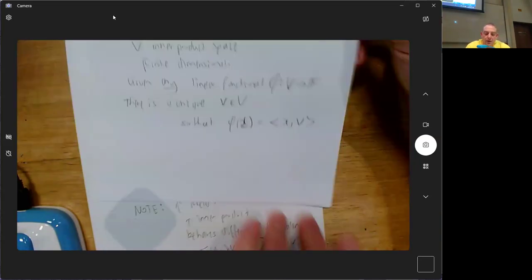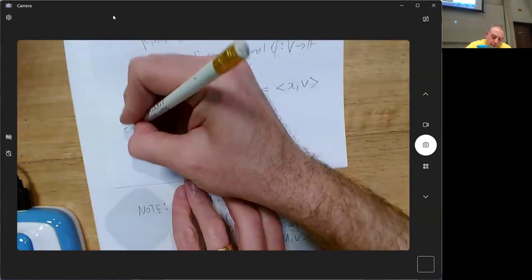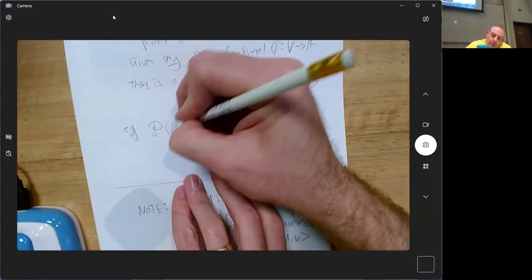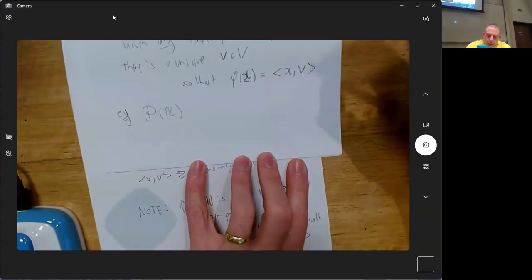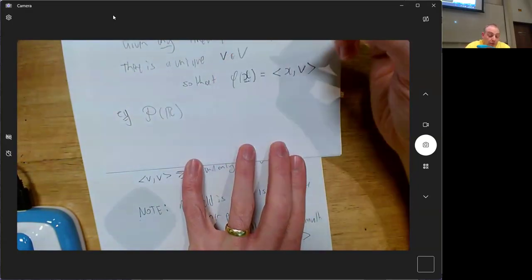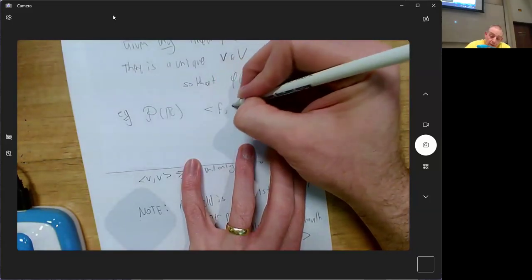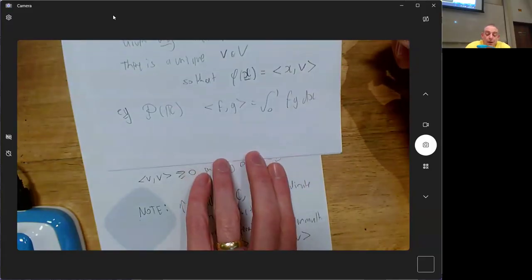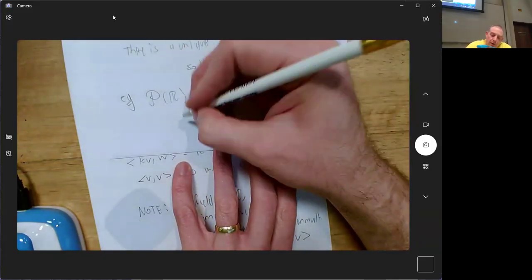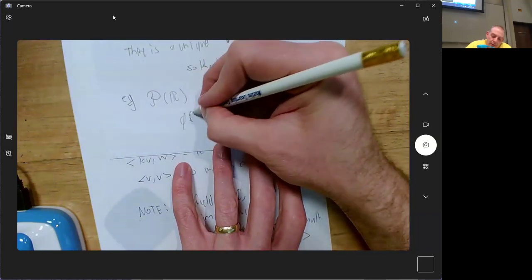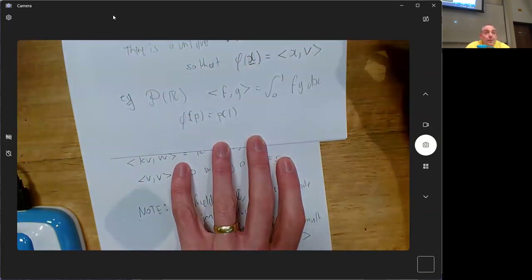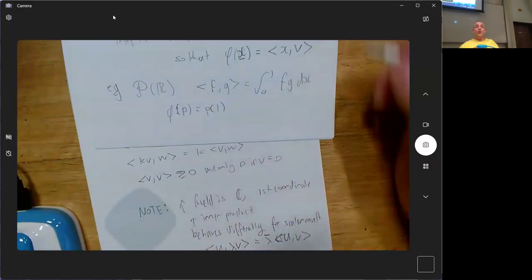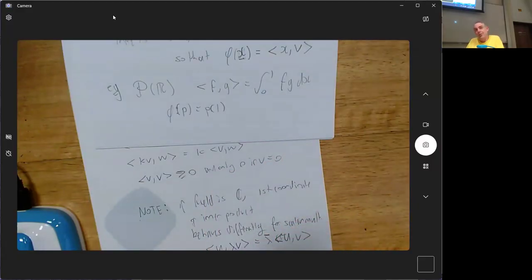One of the classics is that if you've got your polynomials, and you've got your inner product of f and g is the integral from 0 to 1 of fg dx, for example, and you've got your phi of polynomial is like p of 1, then it is actually possible to evaluate every polynomial at 1 by integrating it with another function.